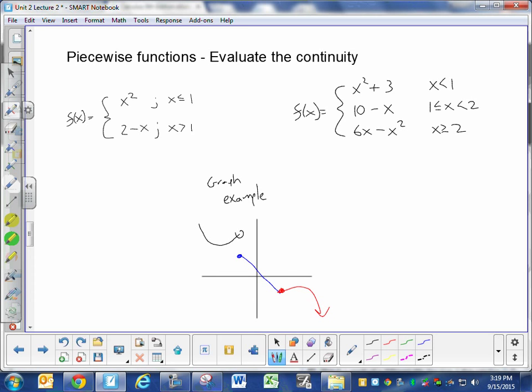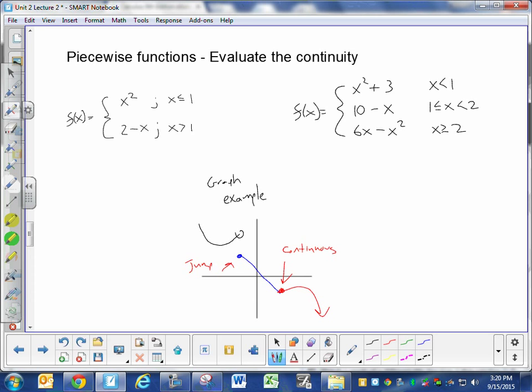Well, here we can see we have a jump here where our 2 functions don't meet. But where our 2 functions do meet, we're continuous. And we know that these functions, these parabolas and the straight line, they're going to be continuous everywhere.